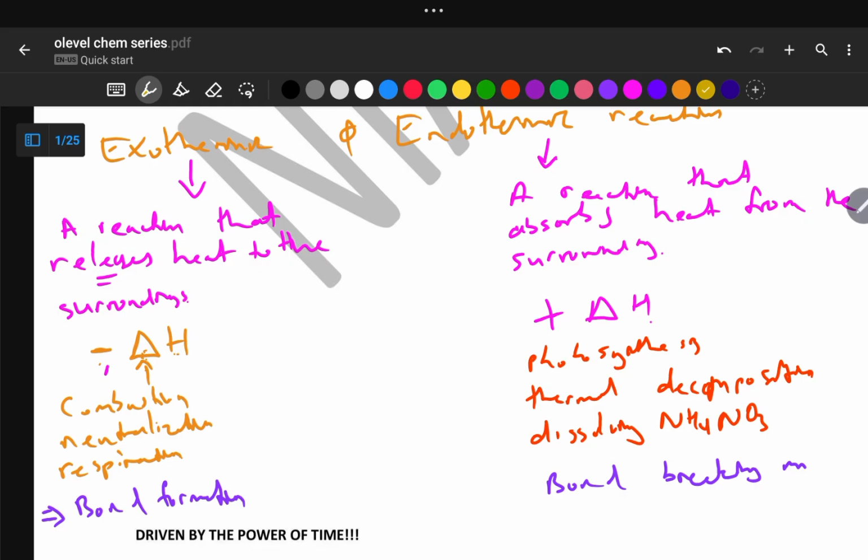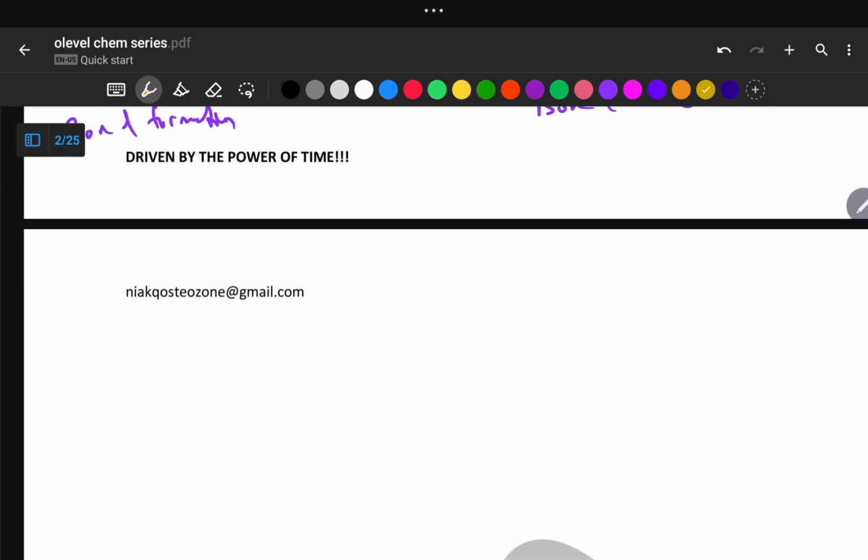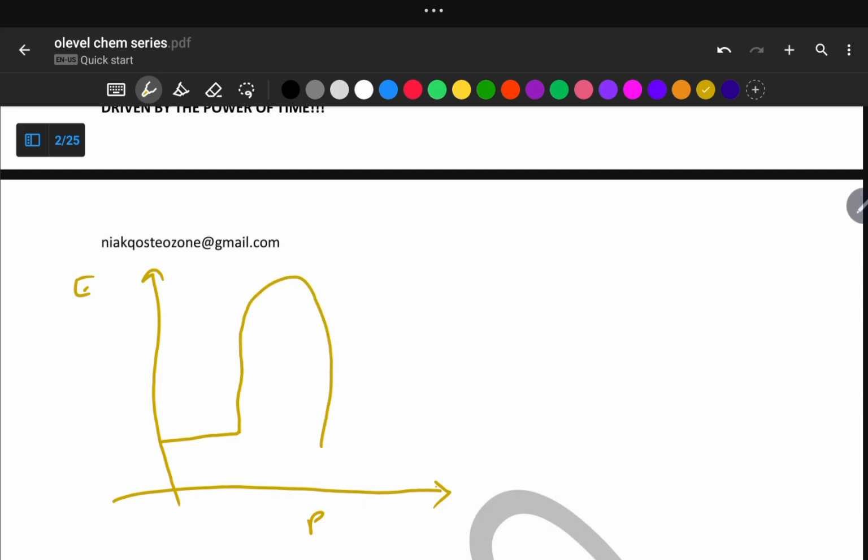This is frequently examined, so you need to take note of it. So we are having this one: this is the progress of the reaction, and this is the energy content. You need to understand that for exothermic reactions, so let me draw.